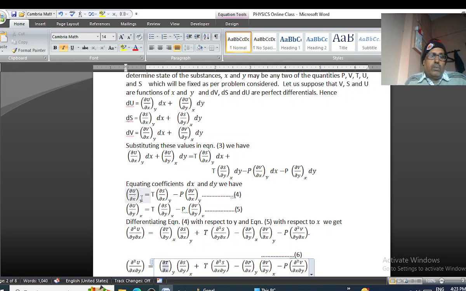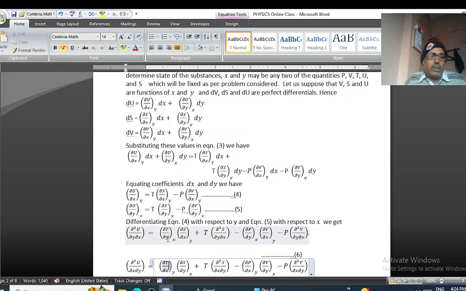Now we differentiate equations 4 and 5 again, with respect to y and x. Equation 4 is del u by del x, which was differentiated with respect to x. Now we differentiate again with respect to y, so we write del 2u by del y del x, and on the right, del s by del x times t.